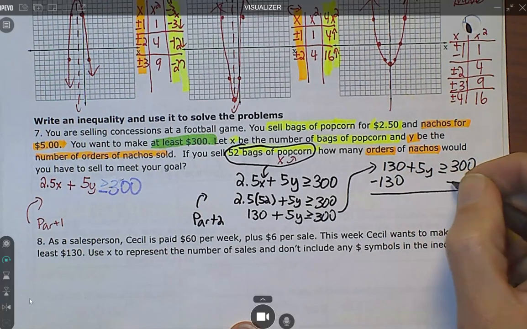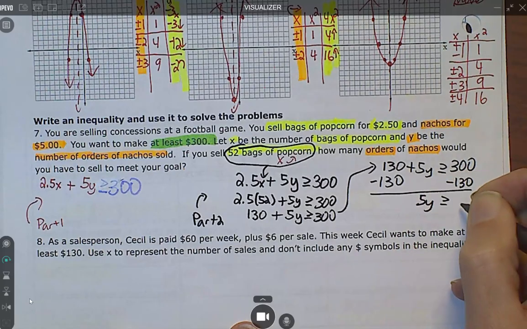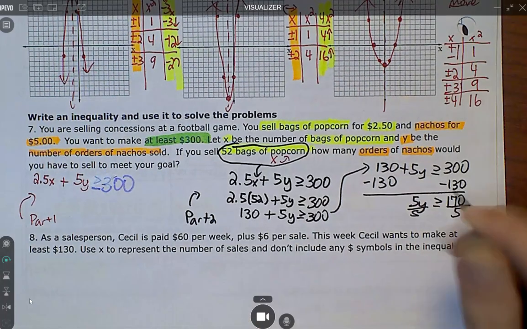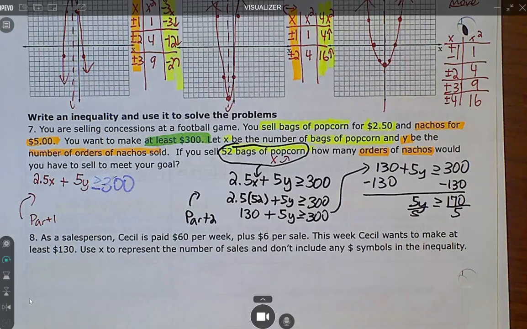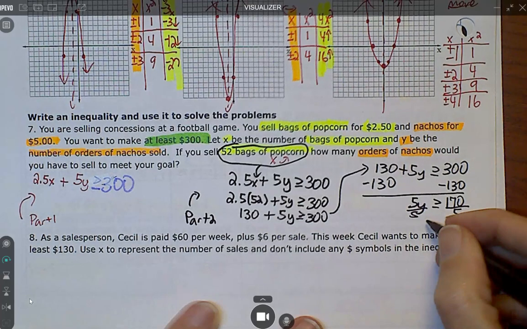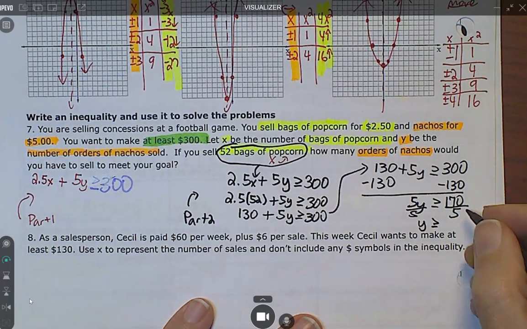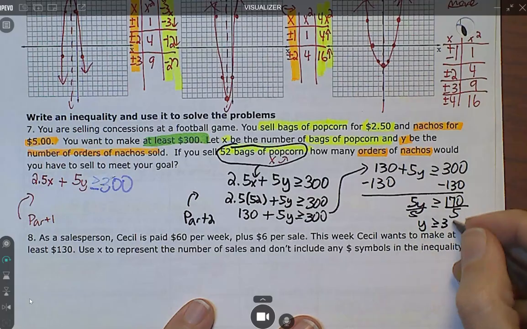Get Y by itself. 170 divided by 5. I don't need a calculator. 5, 10, 15, 36.